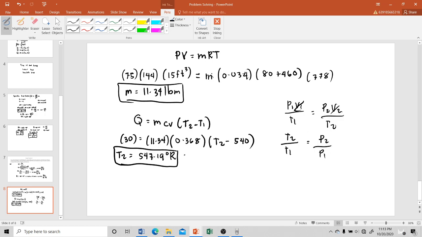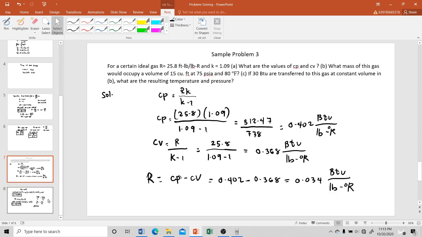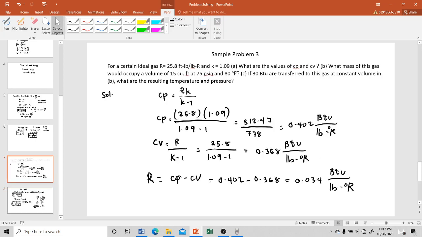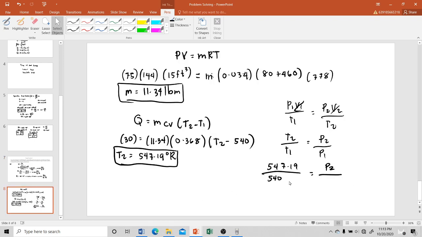So we have the absolute temperature, 547.19 over the initial temperature, 80 or 540 in terms of Rankine, is equal to pressure 2 over the initial pressure, which is 75 psia, or absolute.